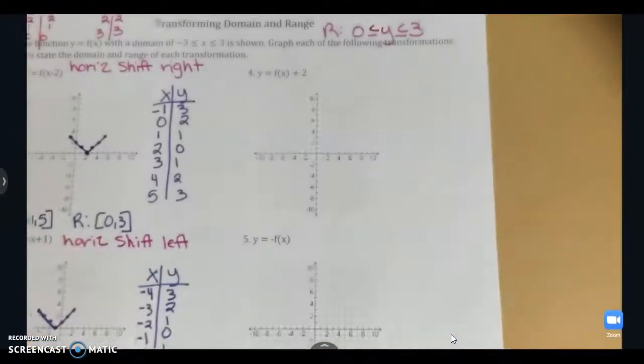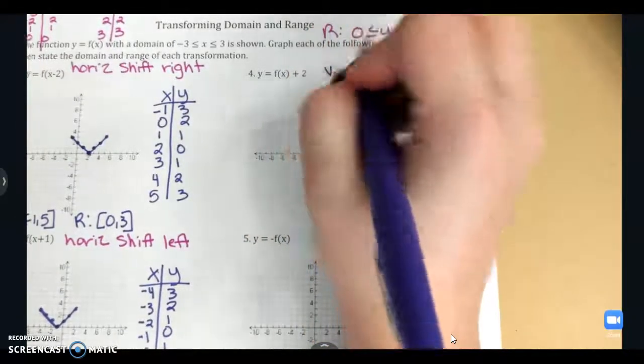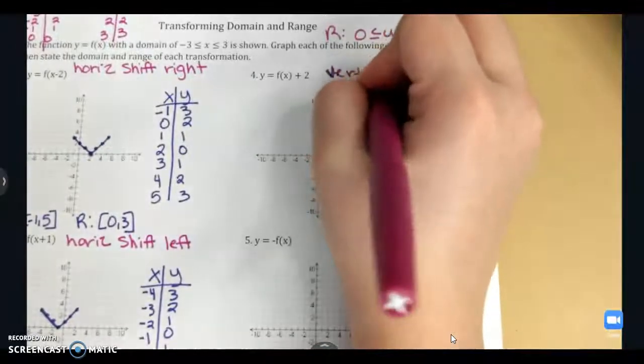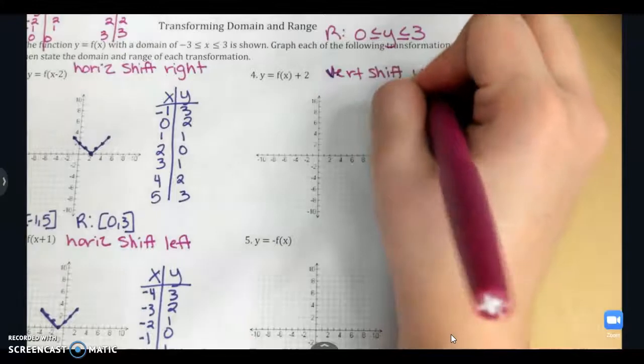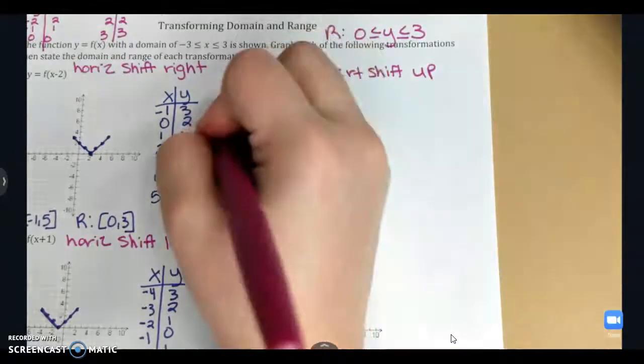Number 4, focus. Here with the +2 on the outside, that is a vertical shift. And this time we're going up. We're going to go up 2. So the points from my parent function.